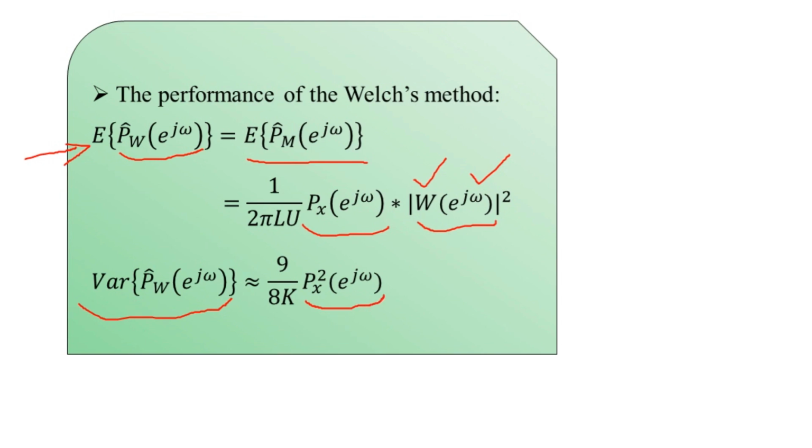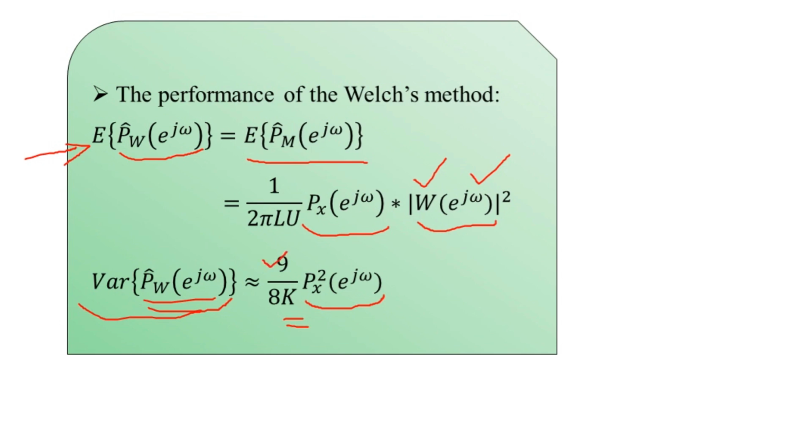Next, for a given number of sections represented by capital A in this denominator, the variance of the power spectrum estimate for the given method will be larger than that of the previous method, that is Bartlett's method, by the factor 9 by 8.